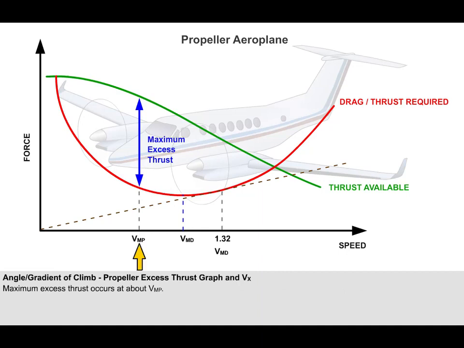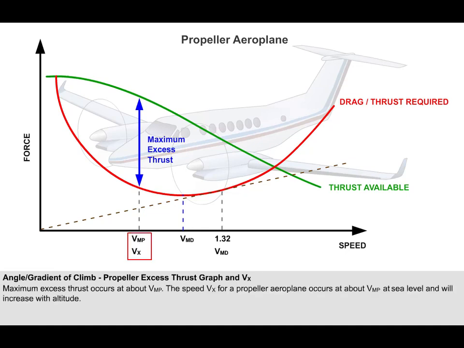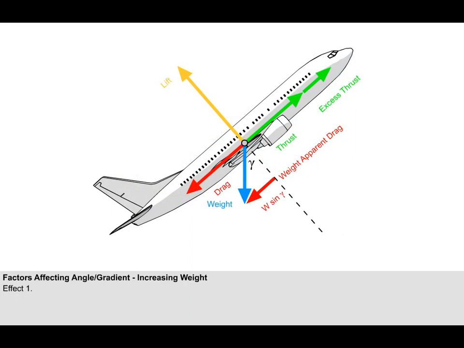At any other speed, the excess thrust available is less, and therefore the maximum achievable climb angle is shallower. Therefore, Vx for a propeller aeroplane occurs not at VMD like the jet aeroplane, but rather at VMP at sea level, and will increase with altitude. Let us now examine what factors alter the excess thrust available, and therefore the angle of climb.